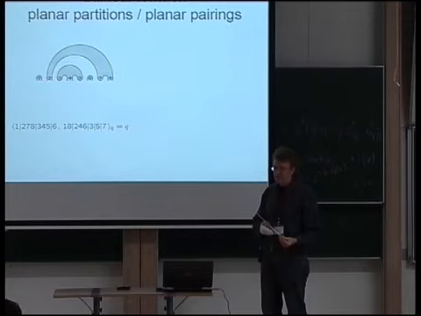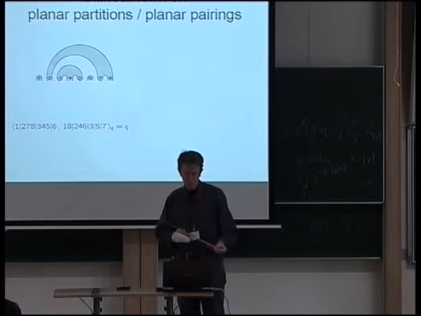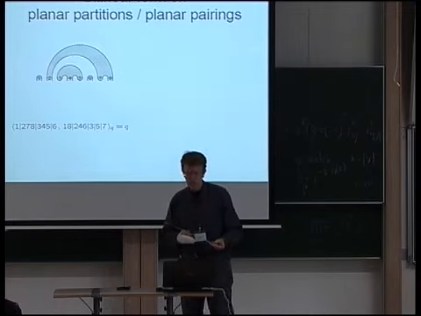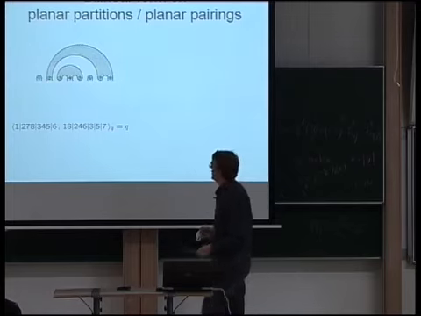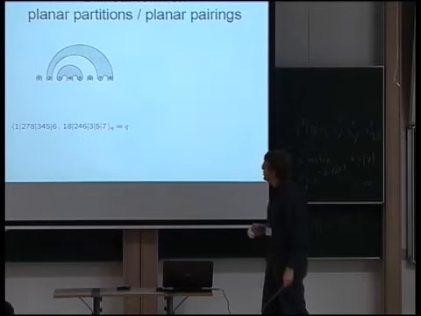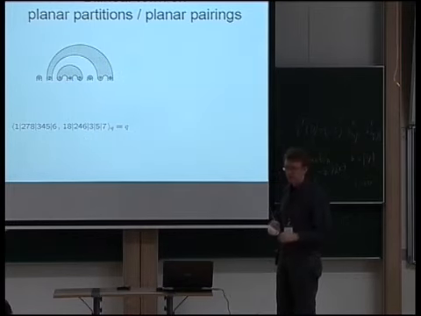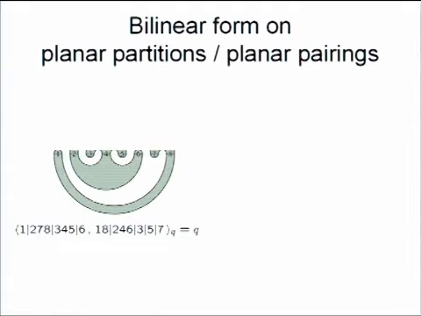To explain this, we just quickly review a bilinear form on planar partitions. Here's a partition. 1 is by itself, 2, 7, and 8 are together, 3, 4, and 5 are together, and 6 is by itself. Here's another partition, which is given by this one.